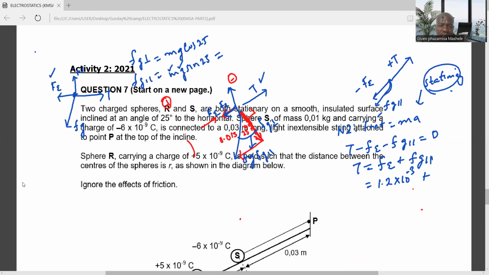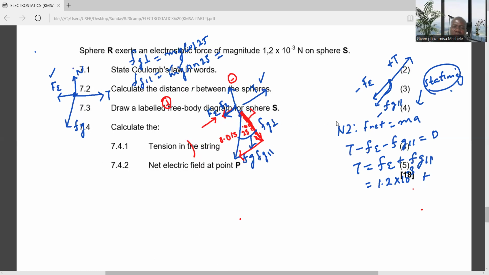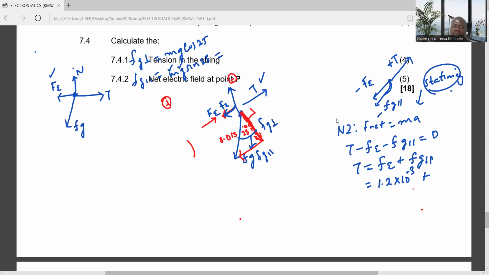Okay, let me check something here. We're given 5 exponential minus 9, 6 exponential minus 9, by 9 exponential 9. Then the mass of sphere S is 0.01. Let's go back to our calculation.